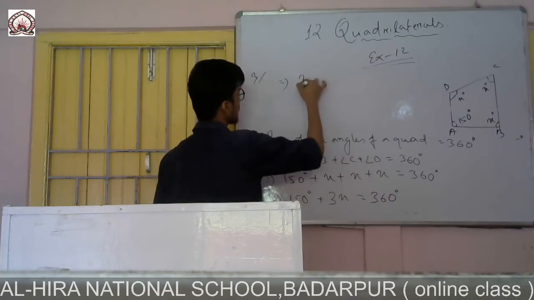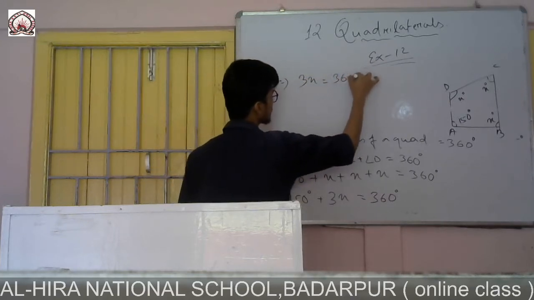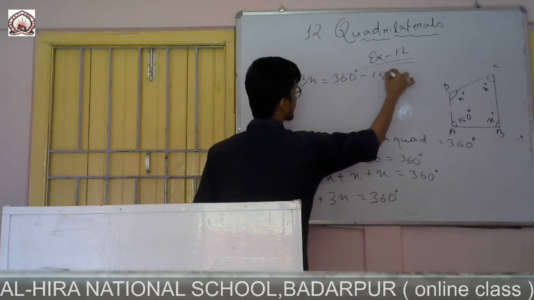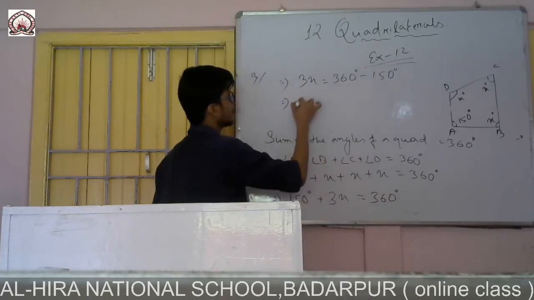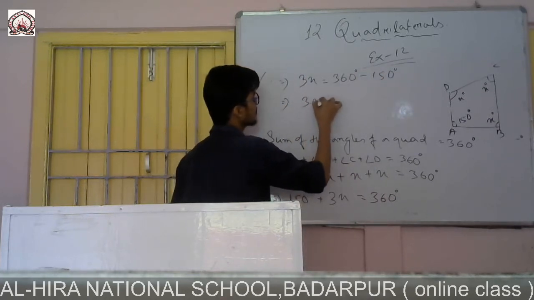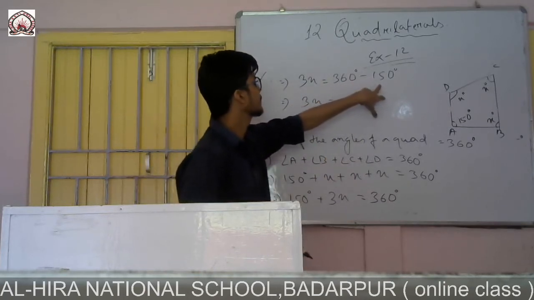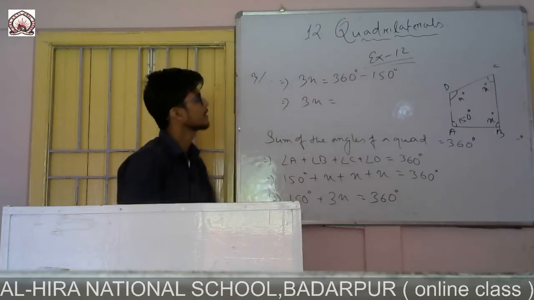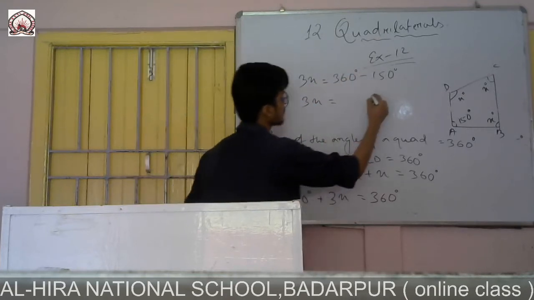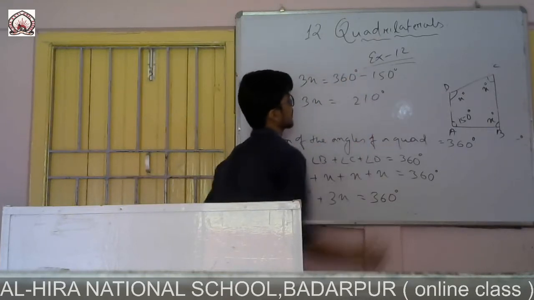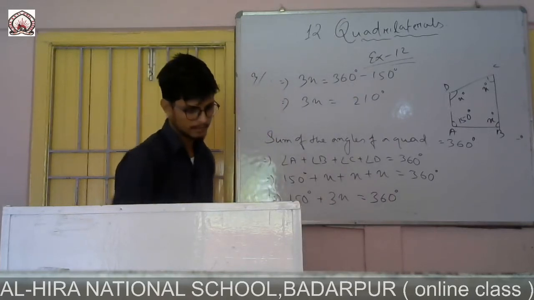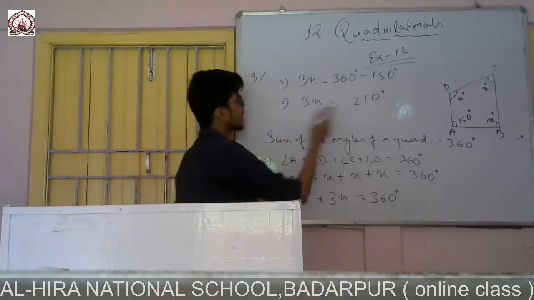This implies 3x equals 360 degrees minus 150 degrees. So 3x is equal to 210 degrees.